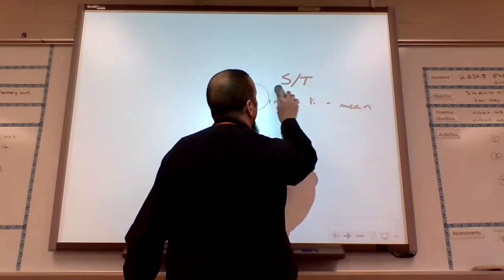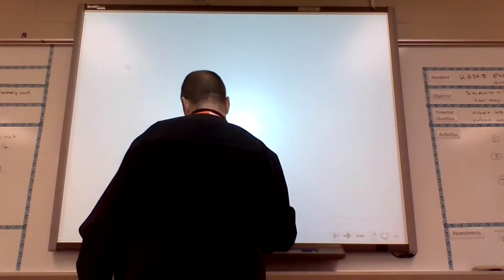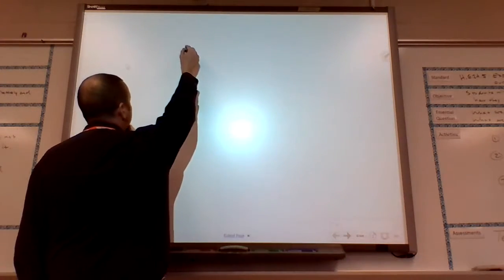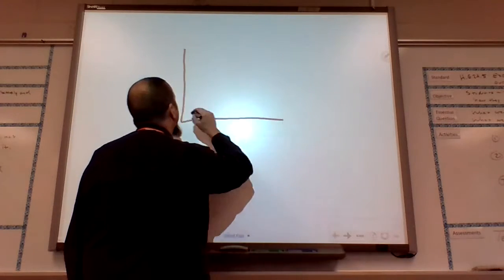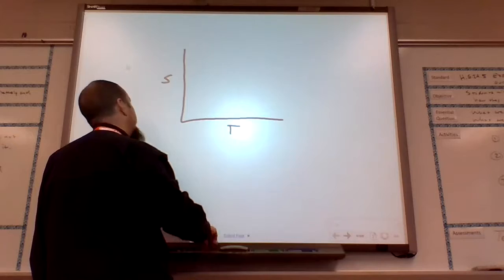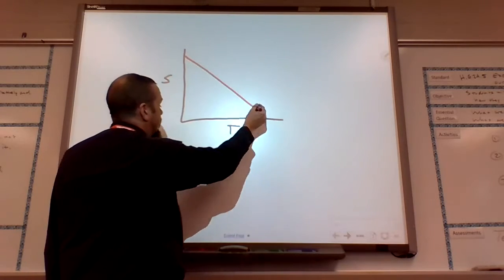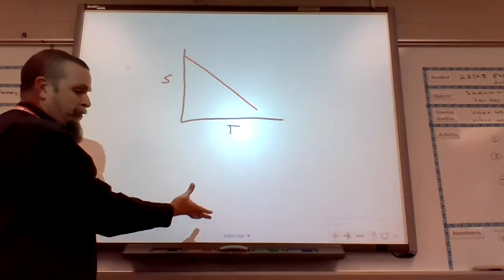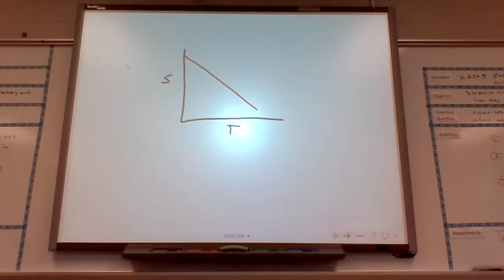So I'll give you a graph. Won't really tell you much more about it, just give you a graph. And I'll put a line on it. And you'll have options that you're going to choose from that describe what's going on in this particular graph.